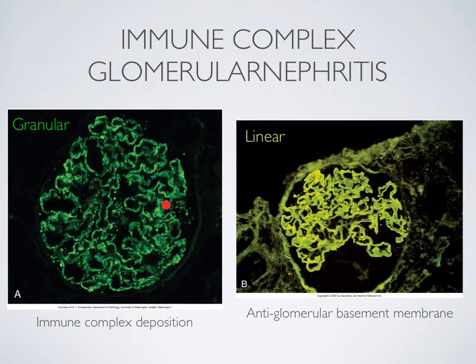Do you see how it looks almost punctate, little dots making up this pattern, compared to over here, this smooth pattern, what's referred to as a linear pattern. And if you go back, this is somebody with Goodpasture's, with anti-glomerular basement membrane disease. So those are the two patterns that pathologists look for to try to differentiate what's going on.